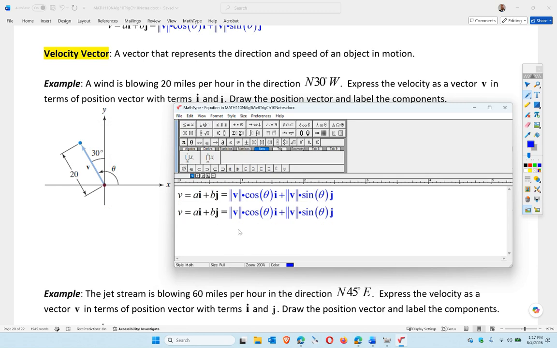So the magnitude here is 20. So I'm going to replace this with 20. The angle is 120 degrees, correct? 120 degrees. Let's make sure you specify degrees and not radians, because that's what was given.